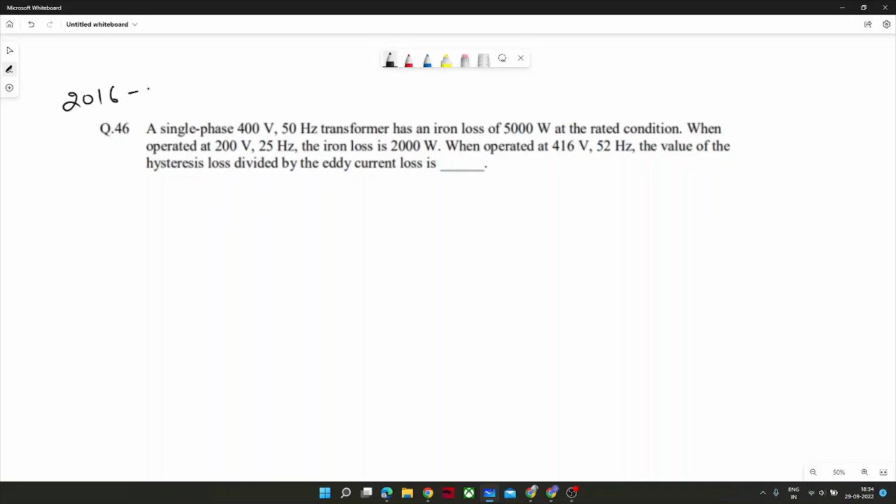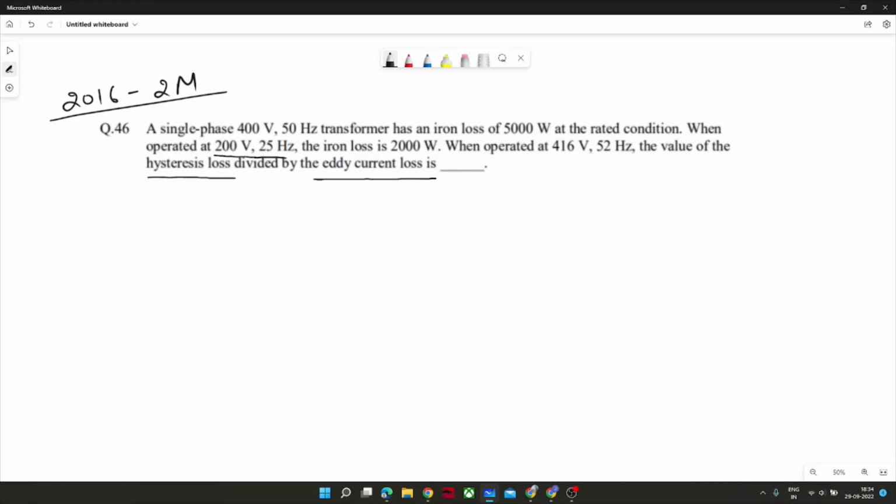This was asked in 2016 for 2 marks. Here we had to calculate the hysteresis loss and eddy current loss, and write the ratio between both of them. A 400 volt 50 hertz supply of a transformer was given, and three operating points are given in the problem.